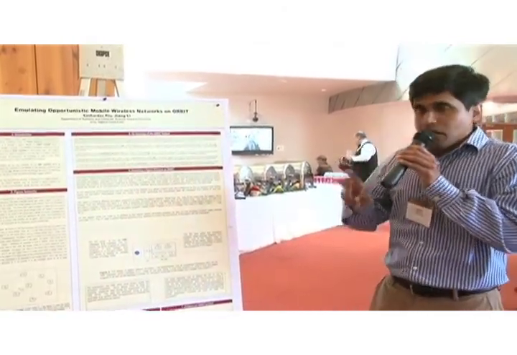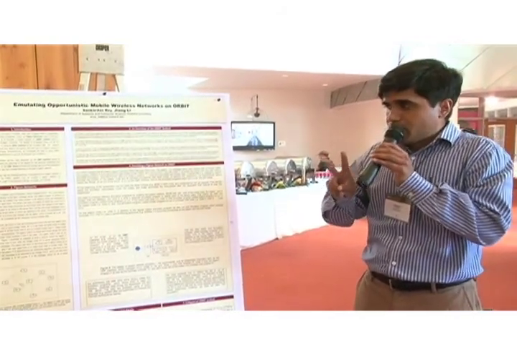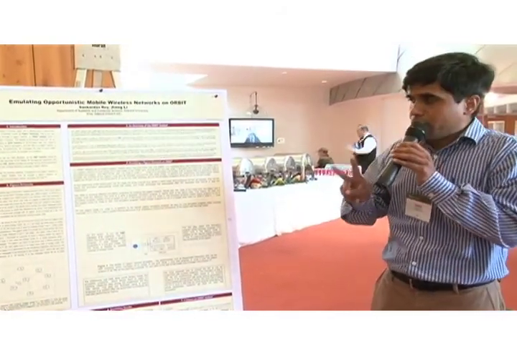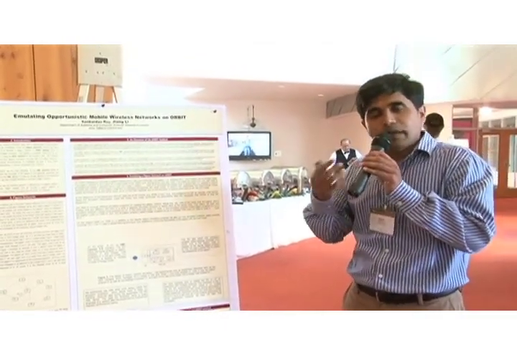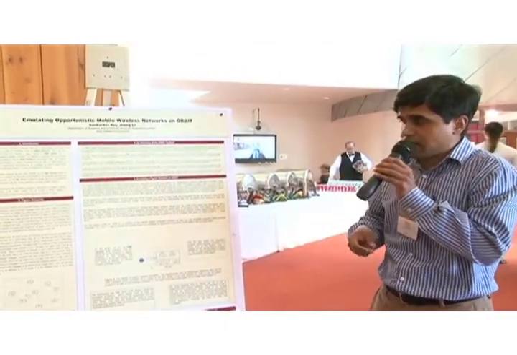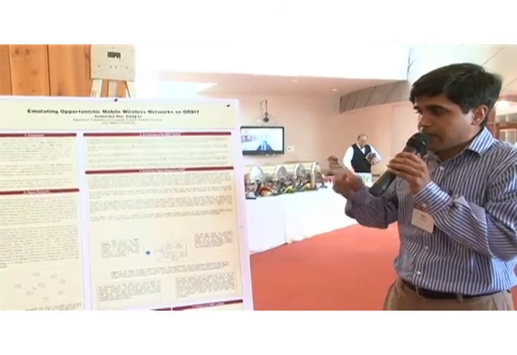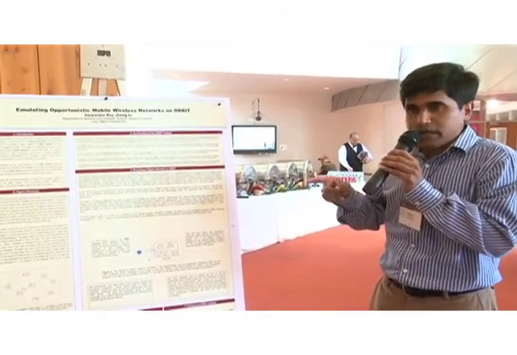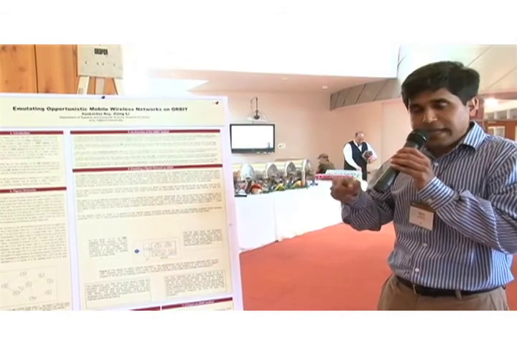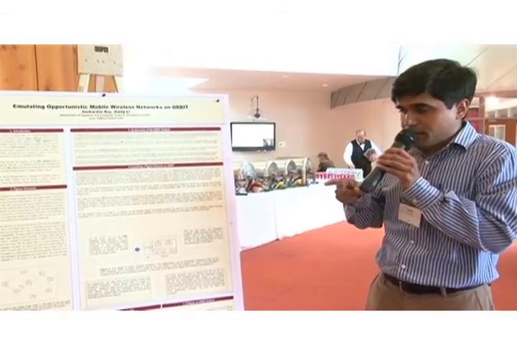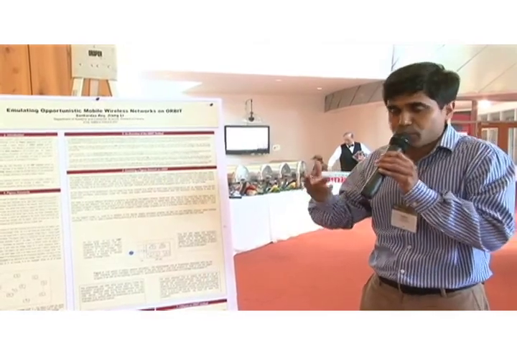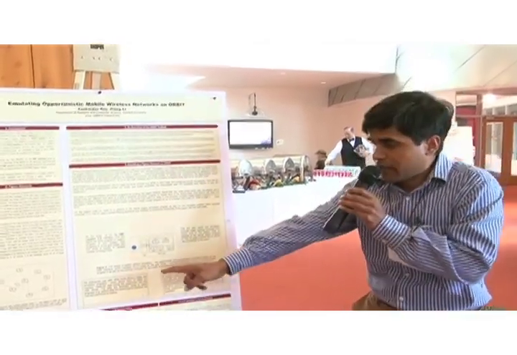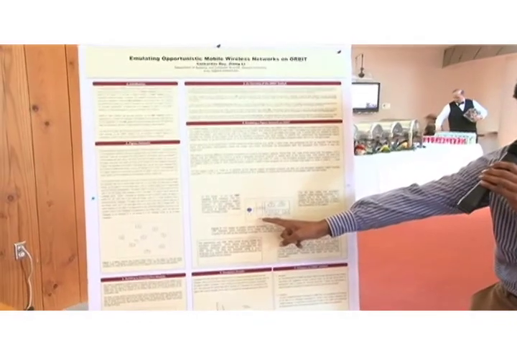Now, we can see that there are two main elements of this work, which an experimenter has to use. The first thing is he has to write the experiment description called ED, and that experiment description basically will invoke the other emulation programs.